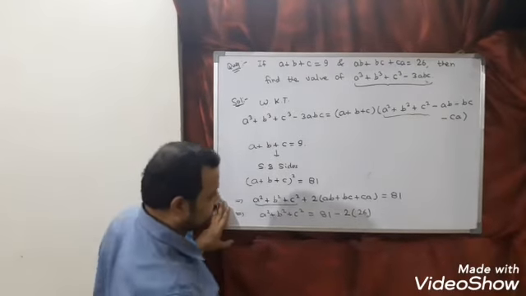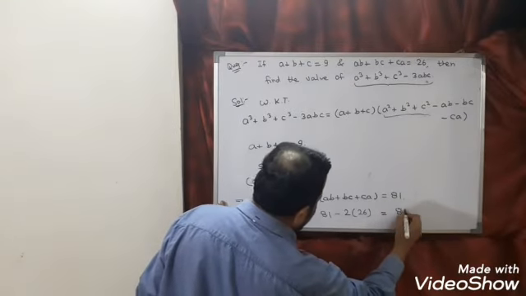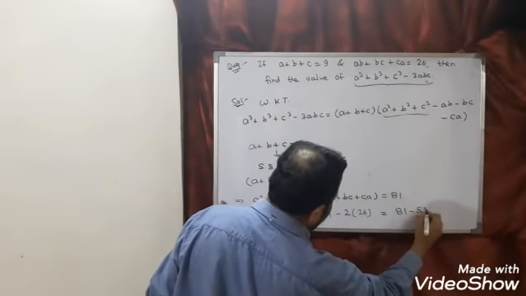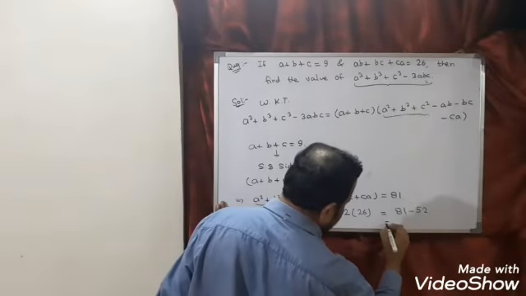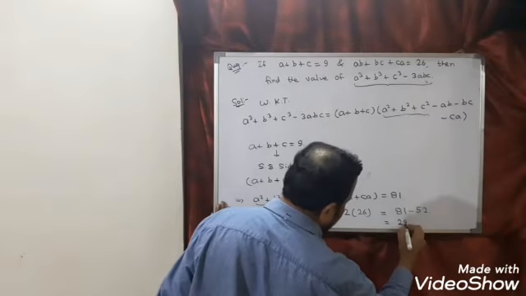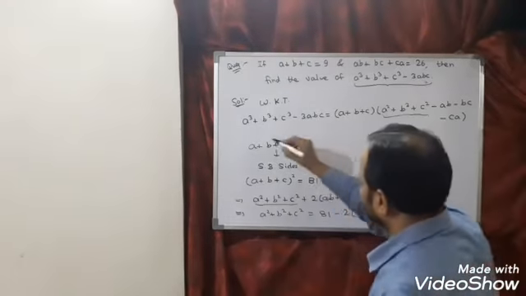So 2 into 26, how much? So this I can say 81 minus 52. So 29. Right. So these values I am keeping in this.